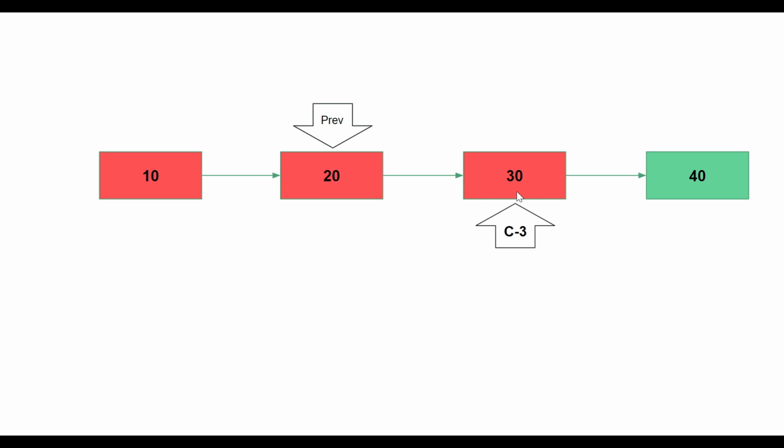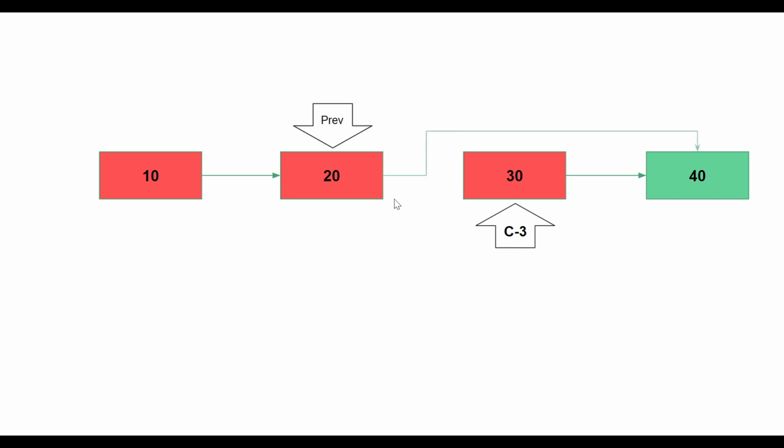Now we found the node which we want to delete, so let's remove the reference between 20 and 30 first. Now you can see the reference between 20 and 30 is removed, but we can't remove the reference between 30 and 40 yet, because with the help of the current variable we will be able to reach this node from the previous node. So previous.setNext will be current.next.